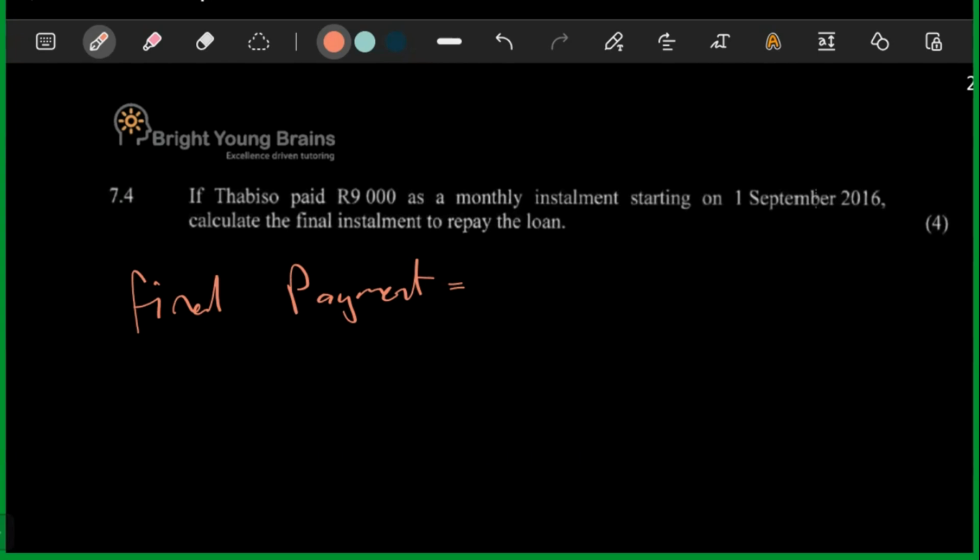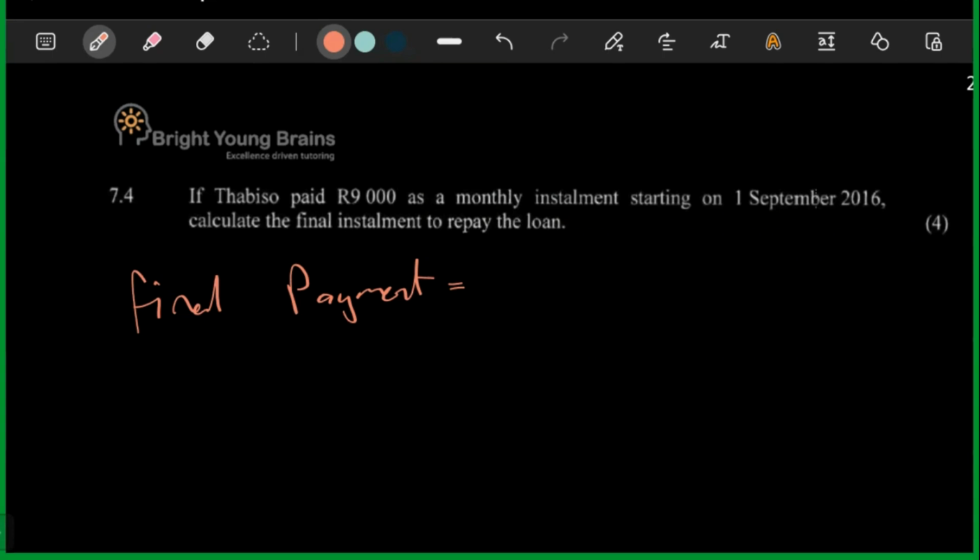You work out the balance of the loan after 35 payments, then make that value gain interest once, and whatever your answer is, that's the final payment.